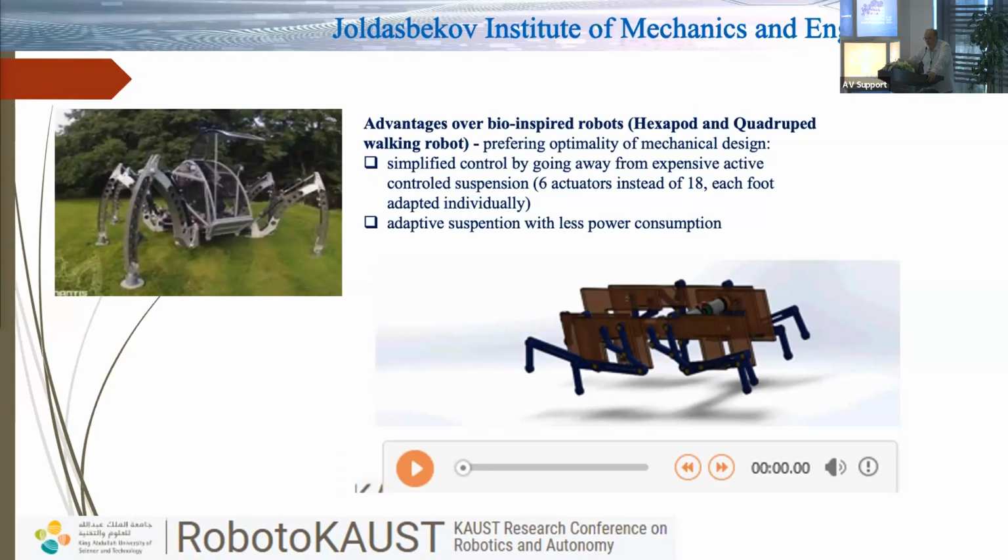While in our case, we propose to use a very simple mechanical device, a mechanical leg, where the main actuator of the crank link rotates with constant velocity, and providing constant velocity of the crank, we can provide constant and smooth motion of the robot body.